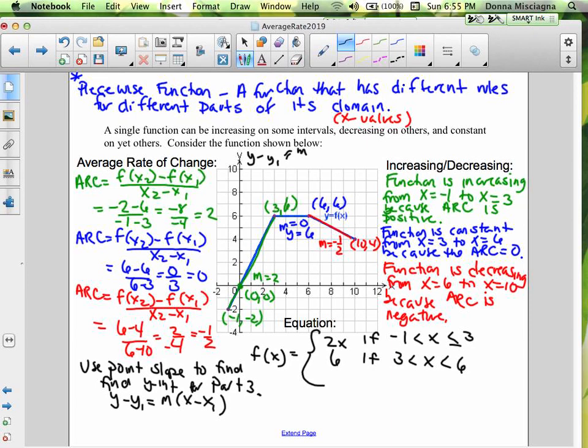Now we'll substitute. Let's use (10, 4) as the x1, y1, because we're looking to write the equation for that piece. We can either use that one or we can use (6, 6). They're both on that little segment, but let's just use (10, 4).